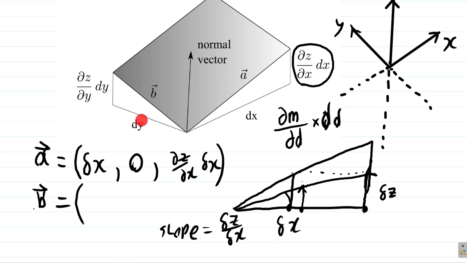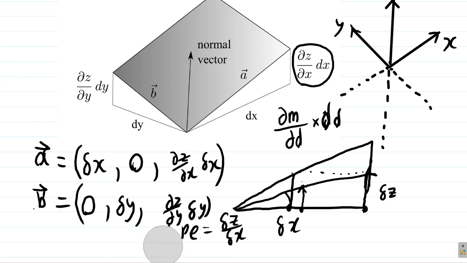As we move and change y, dy, you notice that there is no change in x, going straight along y. You're not moving to the left nor right of x. You're just going straight. So there is no change in the x component. Of course, the change in y is del y, and we also have the change in z caused by the change in y. It would be delta z by delta y times the change in y, del y.